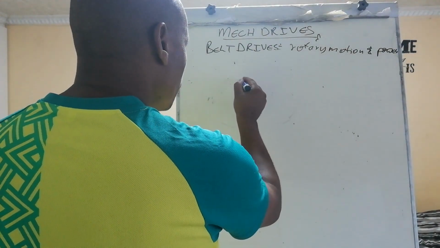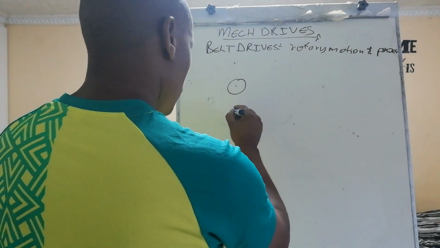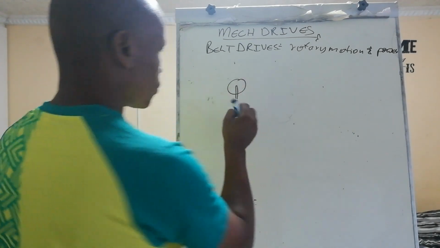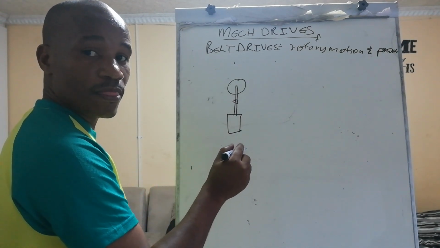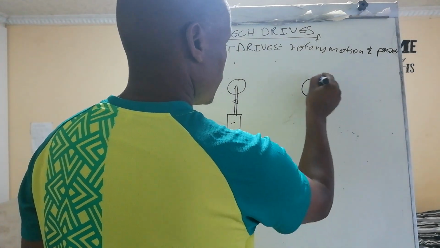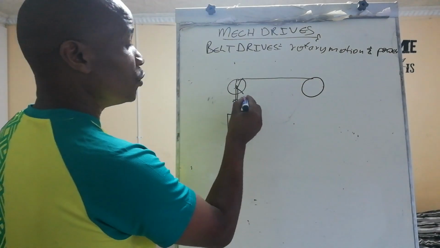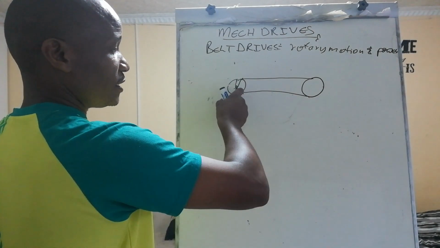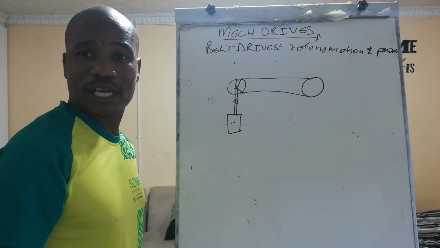We've got a pulley fixed to an electric motor, with the pulley shaft connected to the motor shaft by means of a coupling. This motor gives power to that, and then this transfers power to that one. We use a belt to transfer power. When this thing rotates, this belt moves and that thing will automatically rotate. That's what is meant by rotary motion.